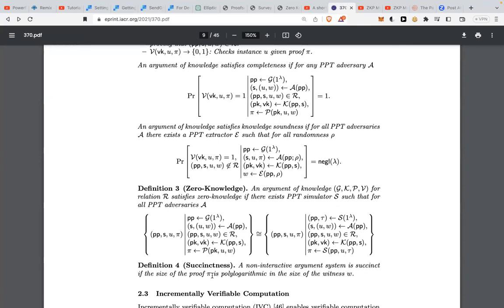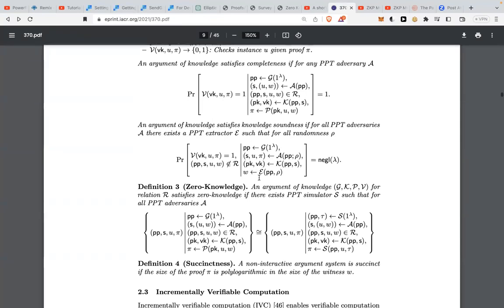Okay. Because if this probability is negligible, it implies that any witness extracted from the extractor will surely satisfy the relation R. Okay, so this probability is actually the sum of the malicious adversary and the extractor probability.